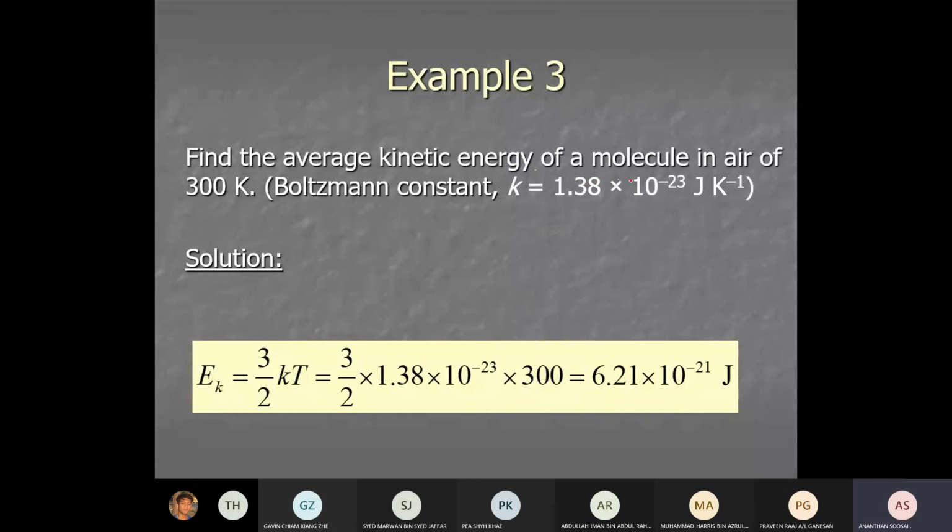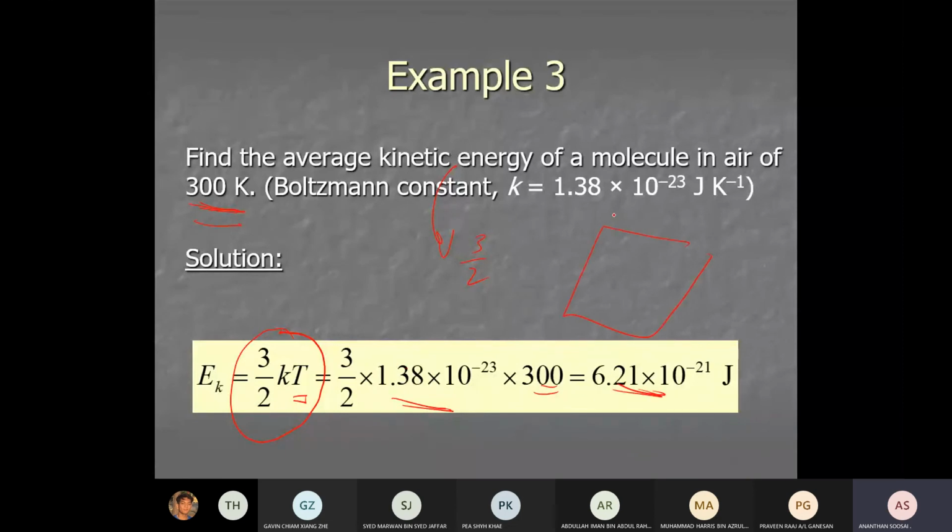Find the average kinetic energy of a molecule in air at 300 Kelvin. So as I said, whenever they say kinetic energy, the formula that must come to your mind is 3/2 kT, if you know the temperature. The temperature they already say, 300 Kelvin. Just put 300 Kelvin. Boltzmann constant 1.38 times 10⁻²³. So this is the energy possessed by the particle. Okay.